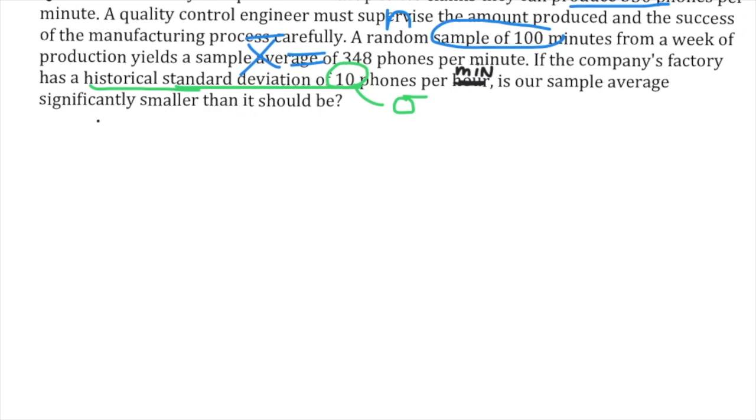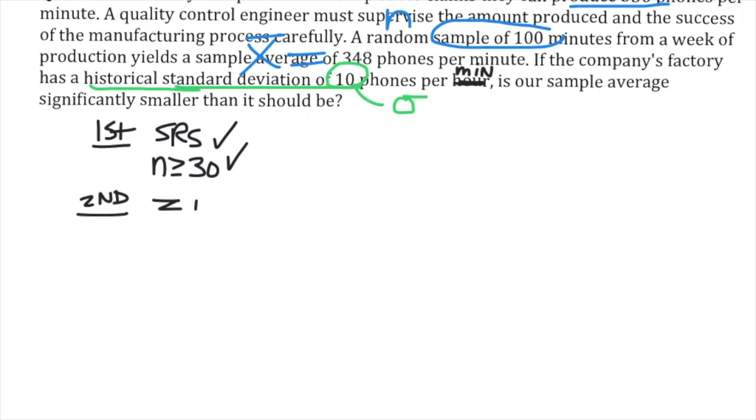Okay, moving on from here, let's get on to the confidence interval. The first step is to check the conditions, and both of the conditions are met. Next is to inform the reader or the grader what type of interval you're using, and this one's involving z-scores, so this is a z-interval.